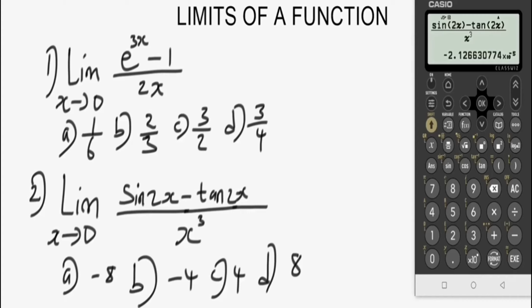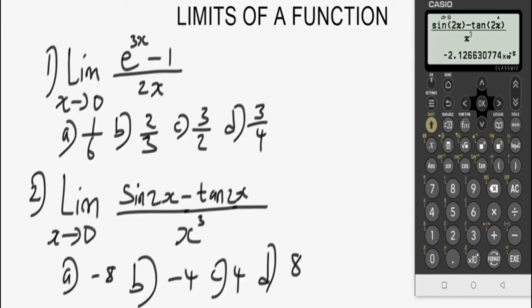You might not remember to put in radian and you'll be thinking that the calculator is not getting it right. So ensure from the onset that the calculator is in radian before you start solving.